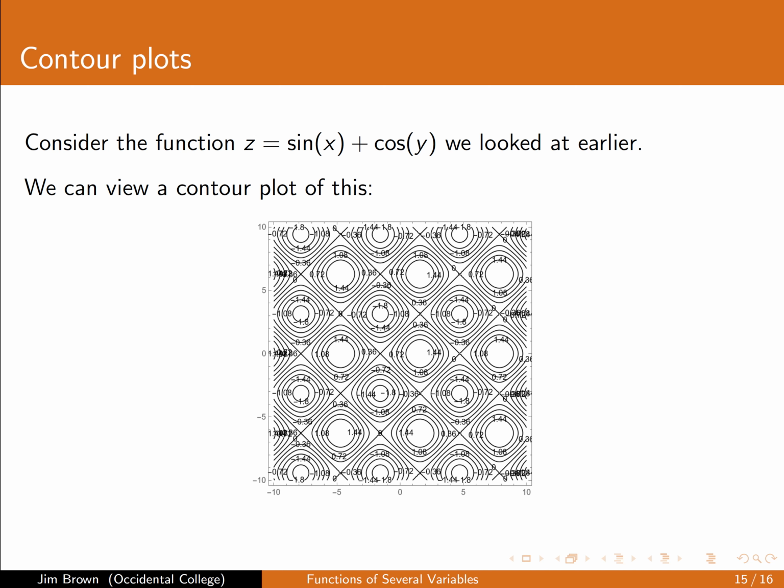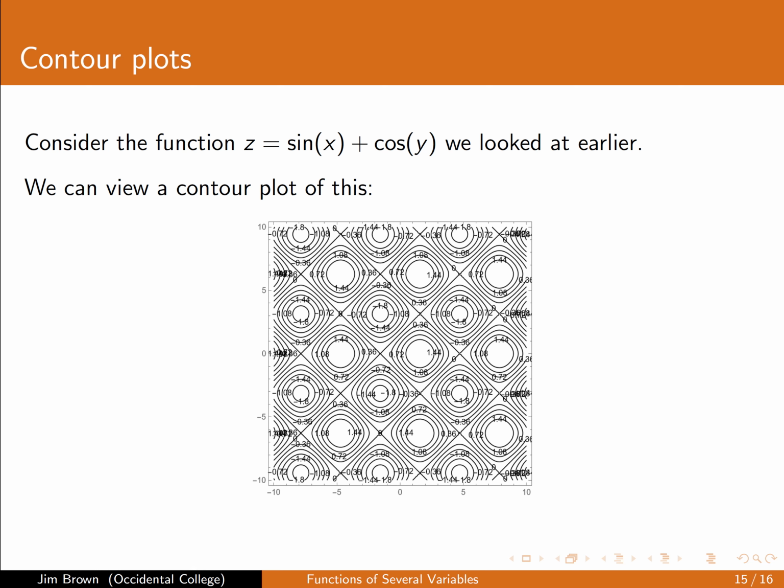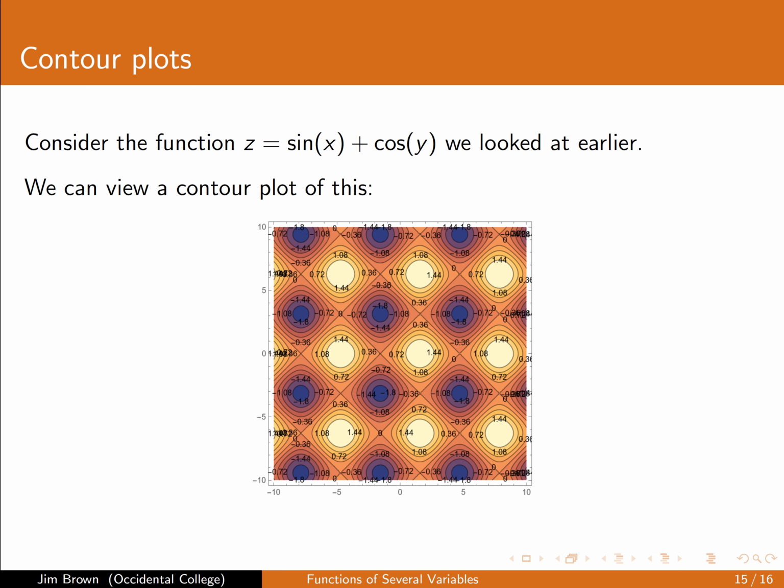And notice, these ones are negative, so these would be going down, and these values are positive, so these are the bumps that are going up. The ones down here would be the negative ones, and these ones would be the positive ones. Again, we can color this in as well, and this makes it a little bit more obvious that these bumps are different, because even if you couldn't read the numbers, you can see these are different colors, so they're not going to be the same contour.